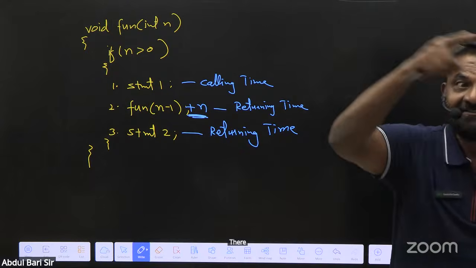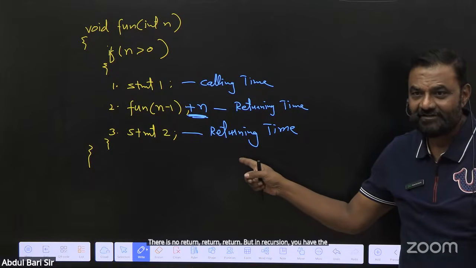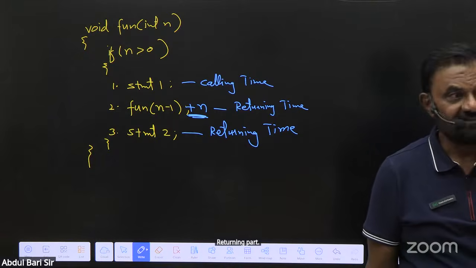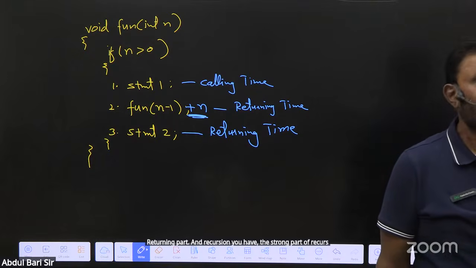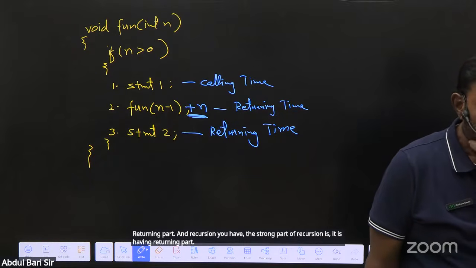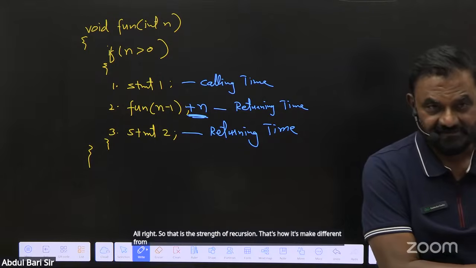There is no return. But in recursion the important thing is the returning part. The strong part of recursion is that it has a returning part. So that's the strength of recursion. That's what makes it different from loops.